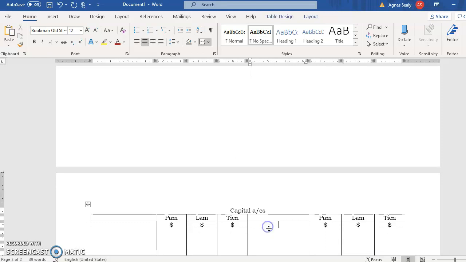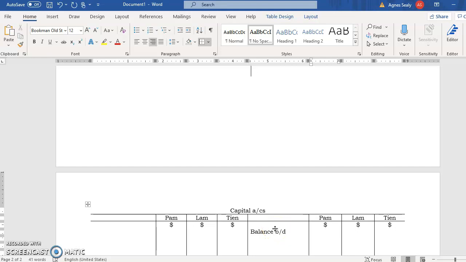So the credit balances. So balance brought down.